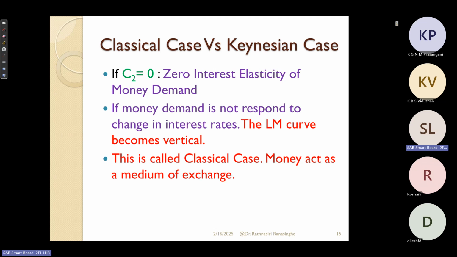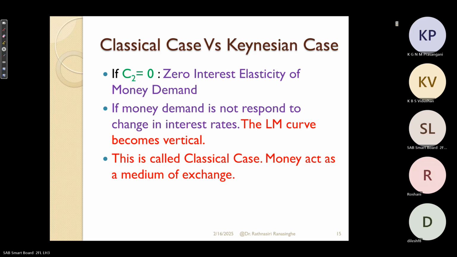Money demand depends on C1 plus C1Y, the autonomous part and the other part. The money demand function we can write as C0 plus C1Y, and those other parts must be zero.